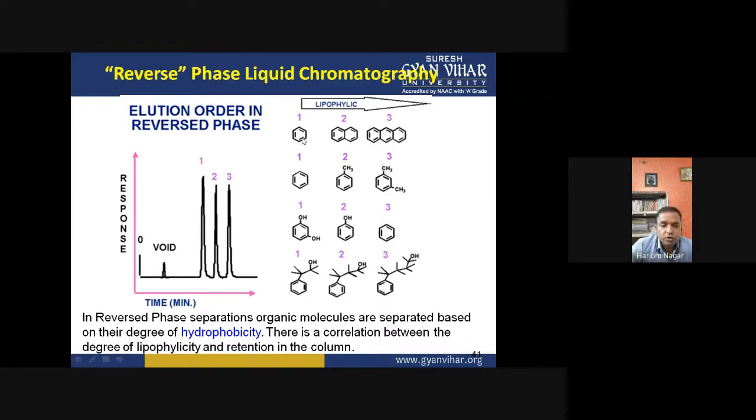So benzene will elute faster than naphthalene and then anthracene, because benzene is more polar and will strongly interact with the mobile phase. So it will mostly remain in motion, and it will elute faster from the column.